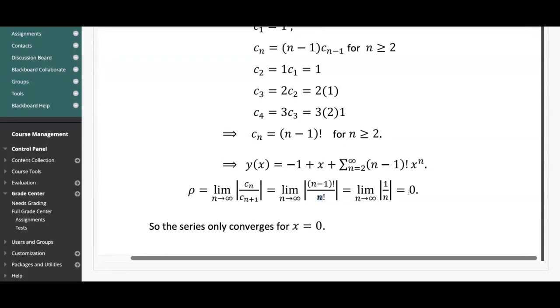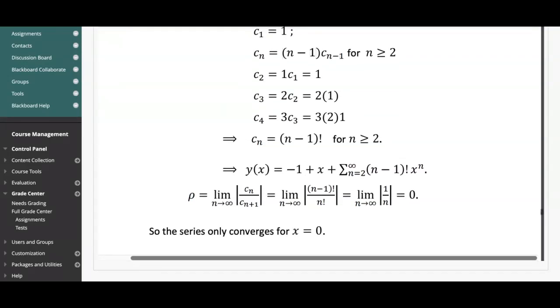When n approaches infinity, 1 over n approaches 0. So remember when rho equals 0, that's bullet point A. The series diverges for all x not equal to 0, which means the series only converges when x equals 0. Any questions?